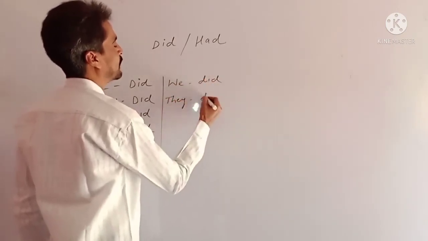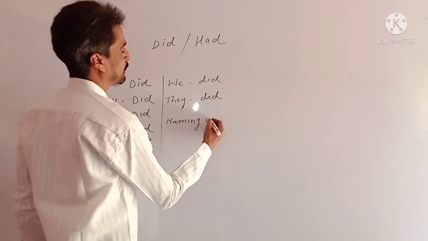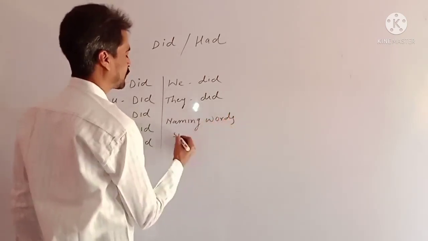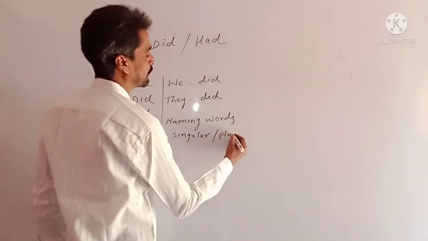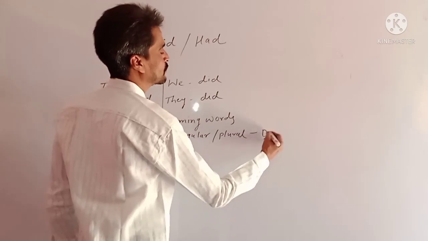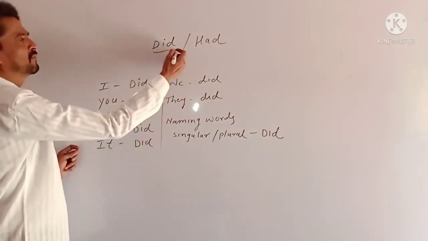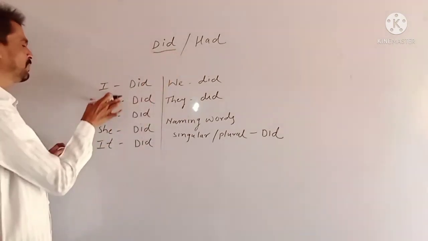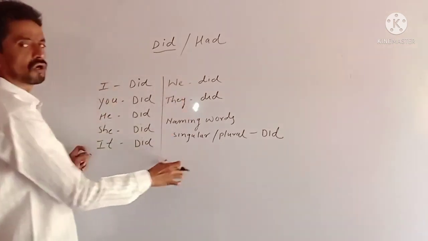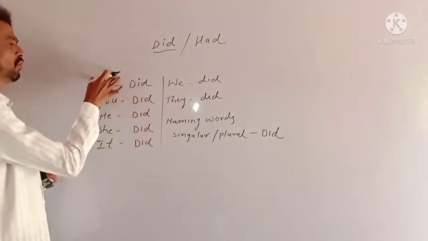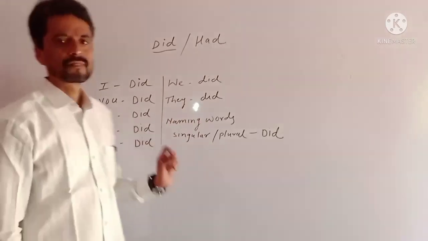They did. Naming words, singular and in plural form, we can use did. Once again I am explaining here. Did is the helping verb which is useful with all pronouns and with all naming words. I think it is clear to you.